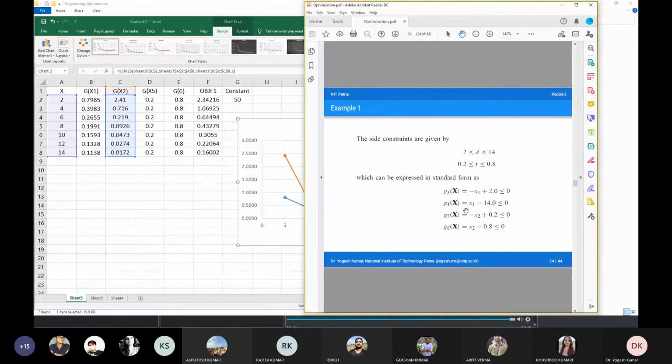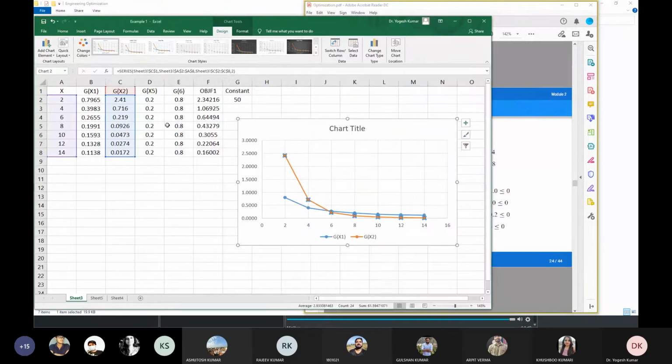So G3 and G4 I have not drawn. Then we have G5. For any value of x1, your y-axis value will be 0.2. So for constant G5, you can again extend this curve.